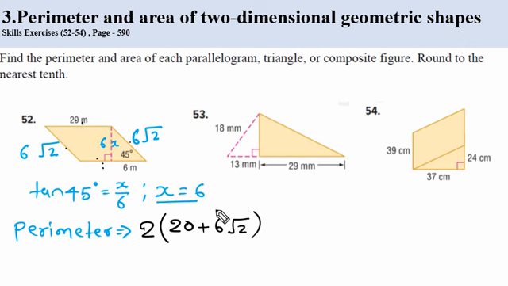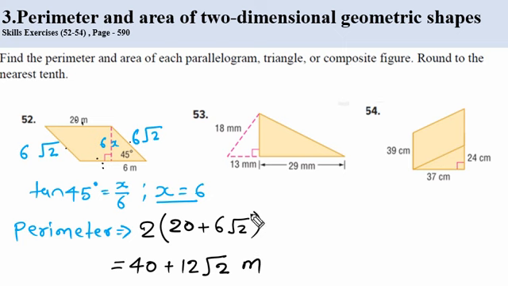Now you can just simply put it in the calculator and that will give you 40 plus 12 square root 2 meters. The unit will be meter.